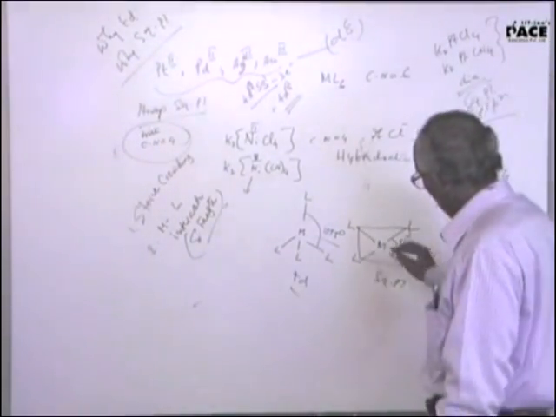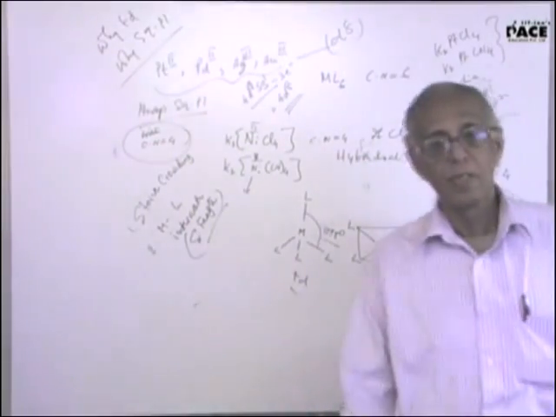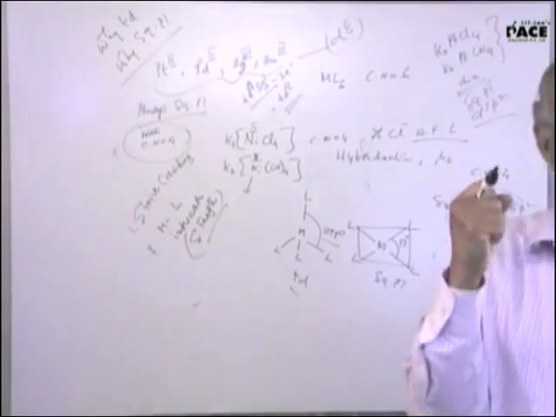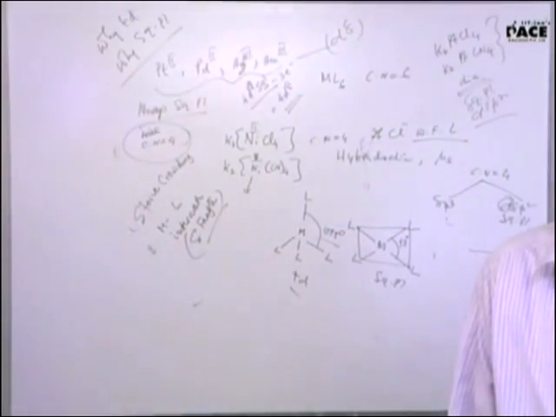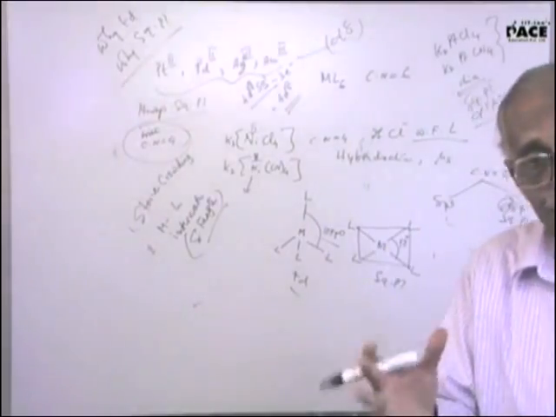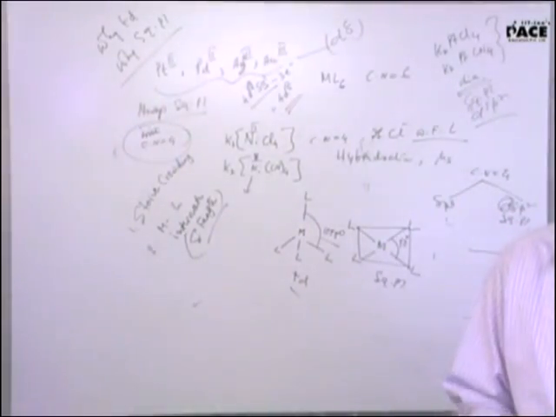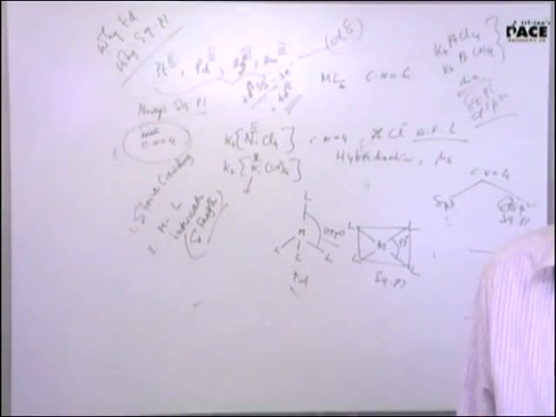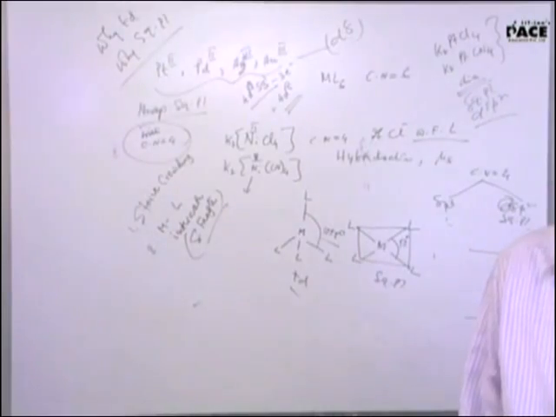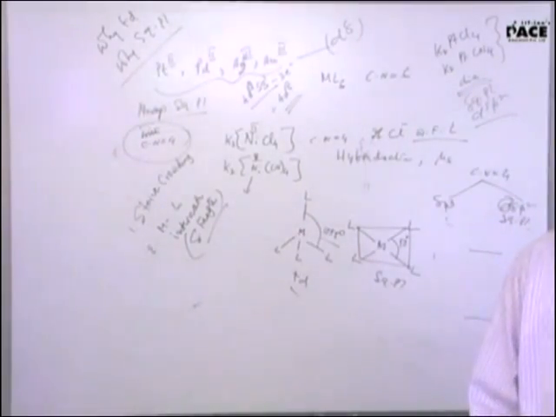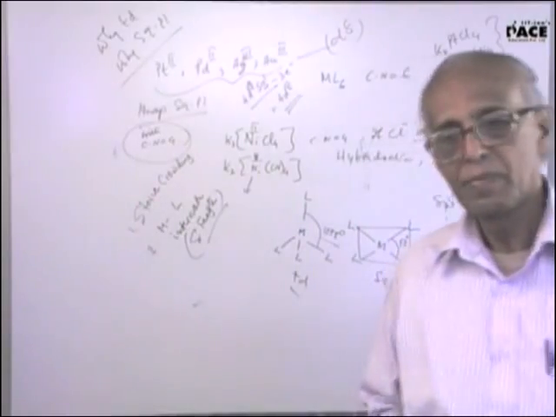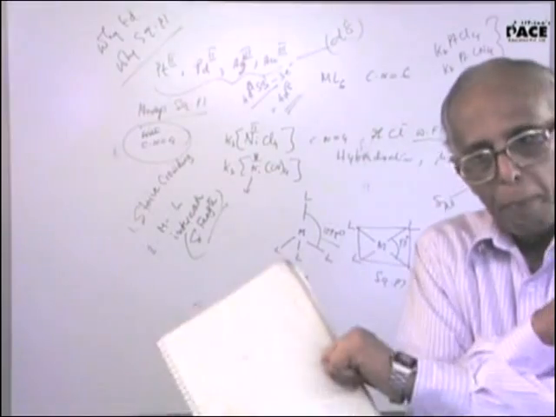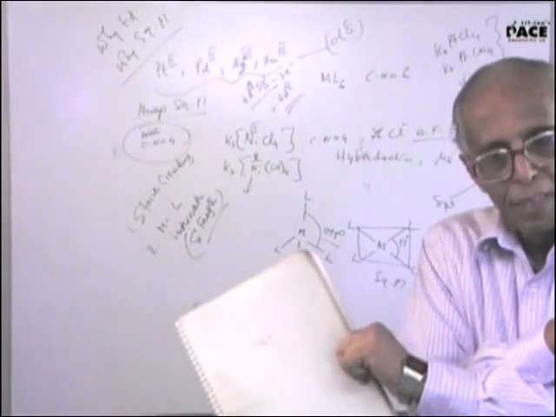Where the interaction is very strong, as in K2Ni(CN)4, cyanide is a strong field ligand. So when the metal-ligand interaction is strong, it ignores the steric crowding and gives me square planar geometry. That is for nickel. For palladium and platinum, since the central atom size is large, although the ligands are at 90 degrees, they are quite separated.